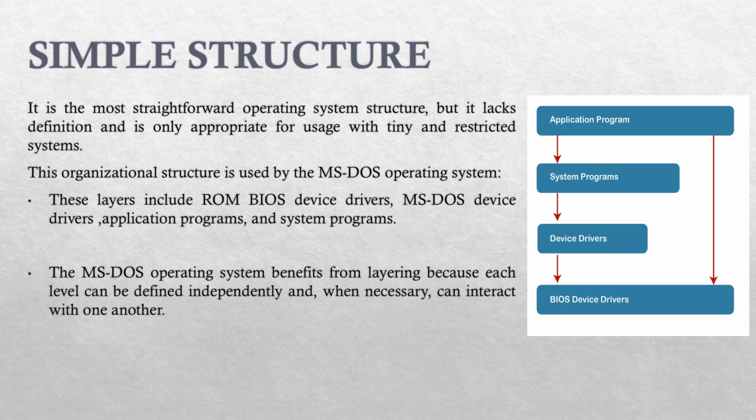These layers include ROM BIOS, device drivers, MS-DOS device drivers, application programs, and system programs. The MS-DOS operating system benefits from layering because each level can be defined independently and, when necessary, can interact with one another.